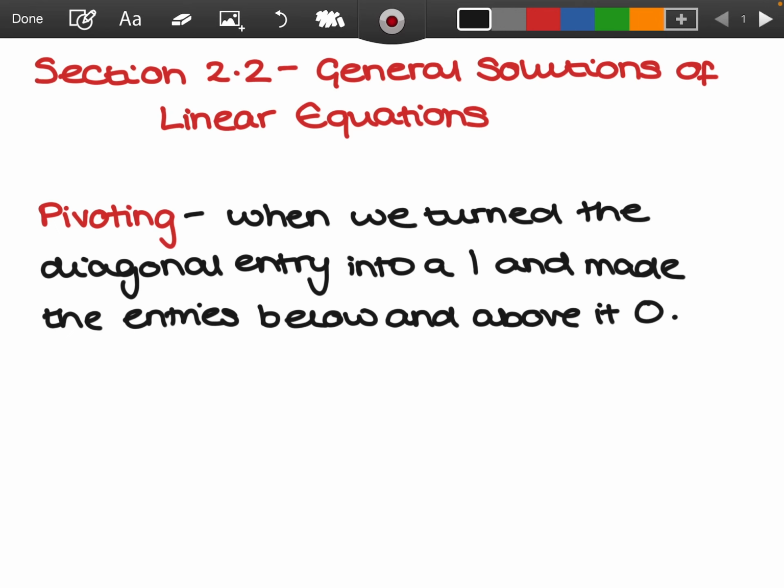So in general, what we like to do is to pivot around, quote unquote, the diagonal entries as much as we possibly can. But there may be cases where we cannot do that.